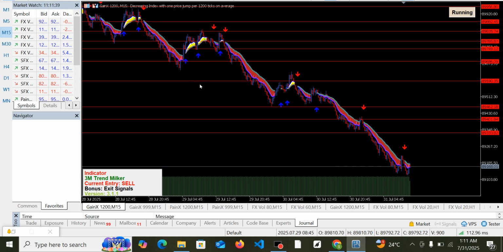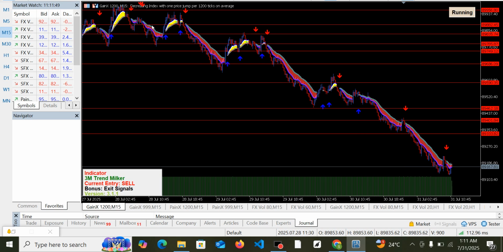Okay, so right here is my chart. This is the Next 1200. I'm on 15 minute time frame. If you should notice, this started a downtrend right from this resistance zone. At the top right here is a major resistance zone. Like I've always been telling you, when an asset gets to the resistance zone, most especially a major one like this, there are two things that can happen from there.